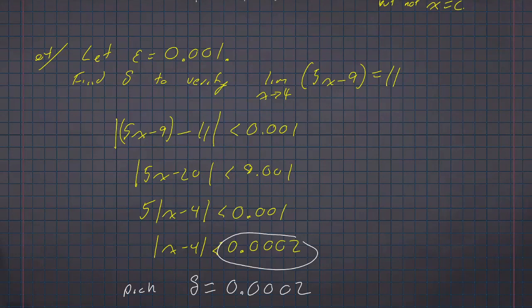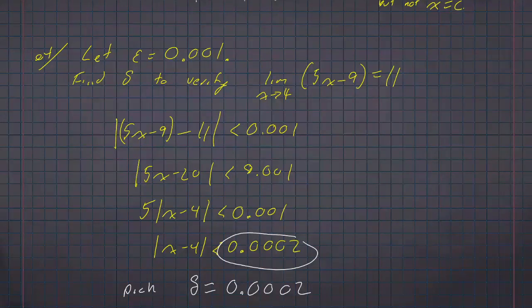We could pick something smaller if we wanted. Right? If we picked delta equals 0.0001, then it would still be the case that whenever x is within a distance of 0.0001 of 4, 5x minus 9 would be within a range of 0.001 of 11.